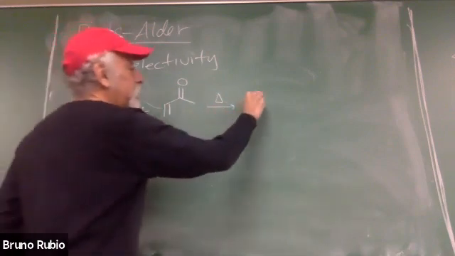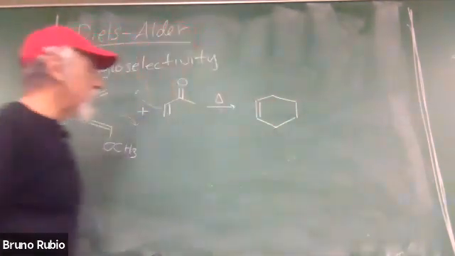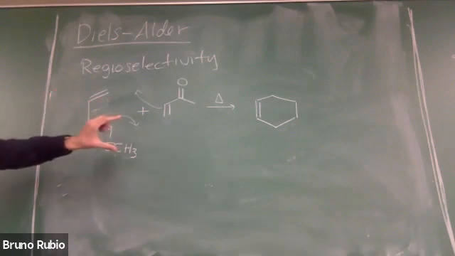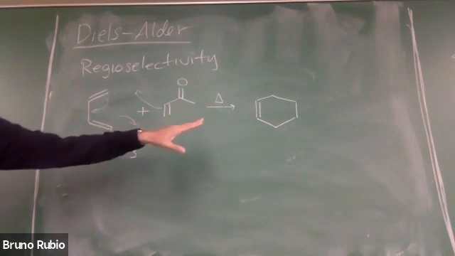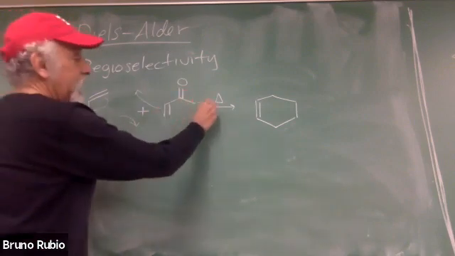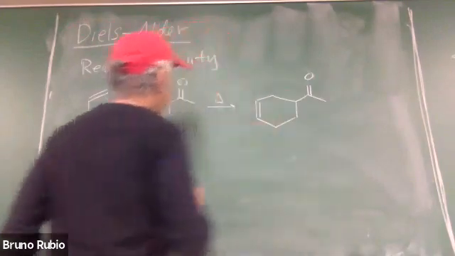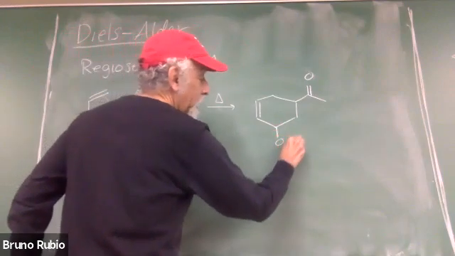We're going to get a new cyclohexene ring, where the single bond of the diene is now a double bond in the product. The double bond of the dienophile has been degraded to a single bond. And so the way I've drawn it here, this guy would be there, and this guy would be there.